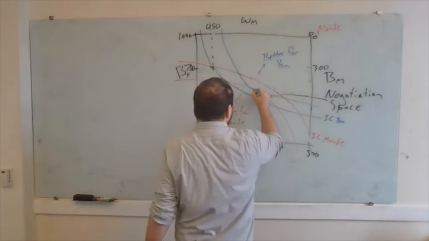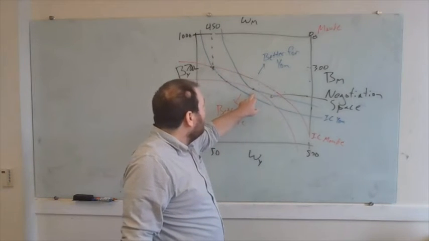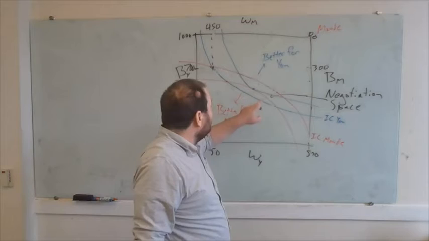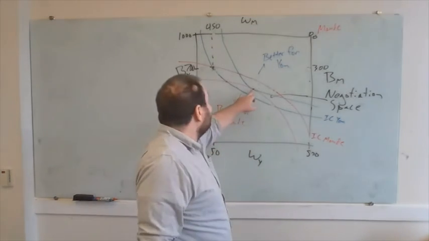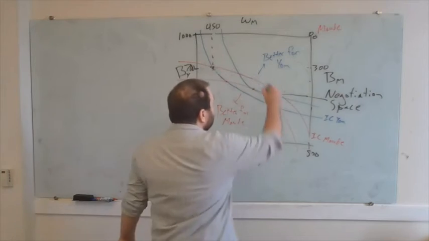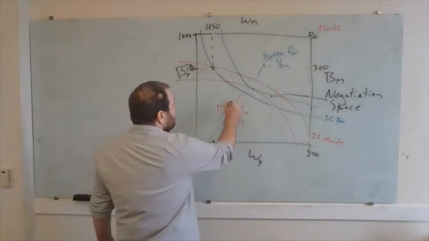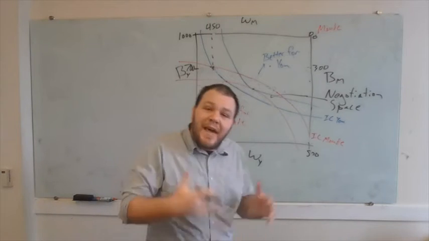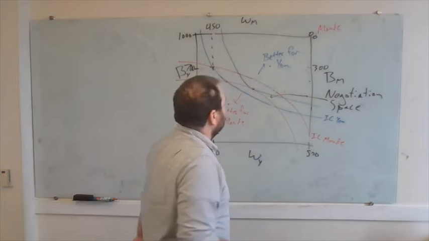So at this point here, we can say that there's no more room to negotiate, because there's no overlap between things that you would prefer and things that Maud would prefer. There's plenty of stuff you would prefer to this point. You'd prefer to be here. And there's plenty of stuff Maud would prefer to that point. She would rather be there. But there's nothing that you guys are going to agree upon as being mutually better than this point.